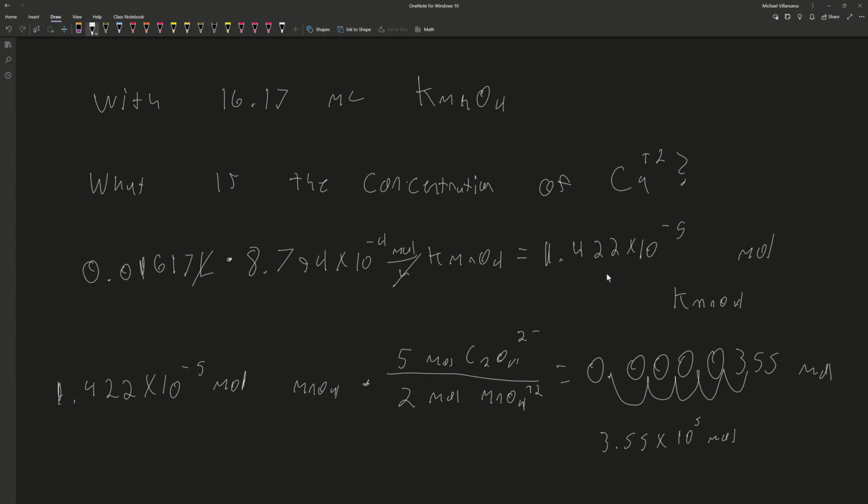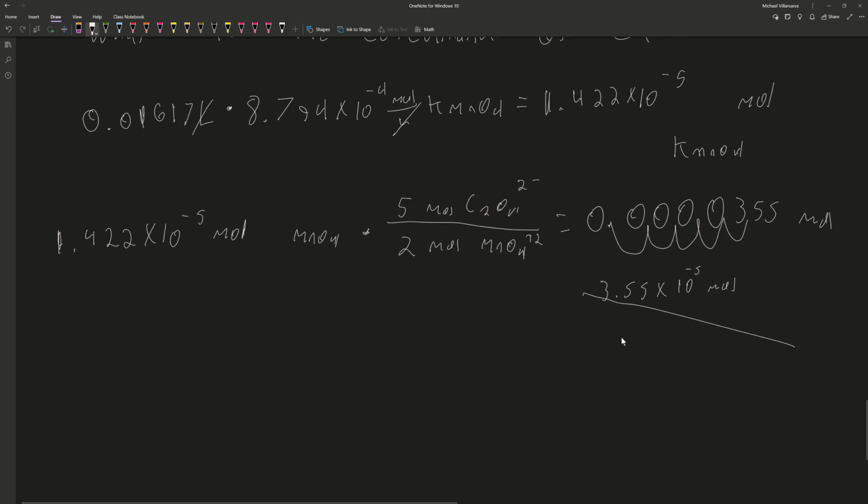All right. So these are the number of the moles of KMnO4 that are present in our sample.